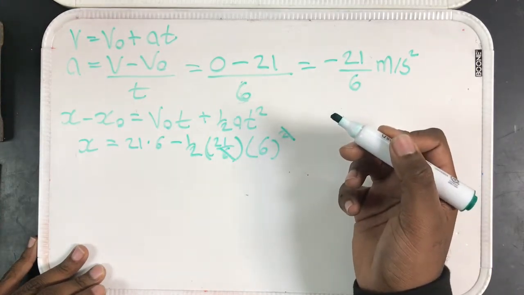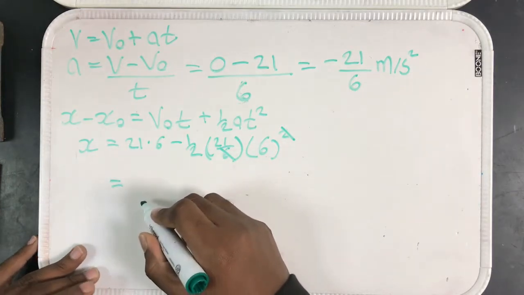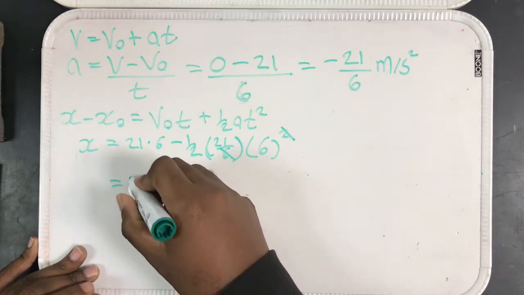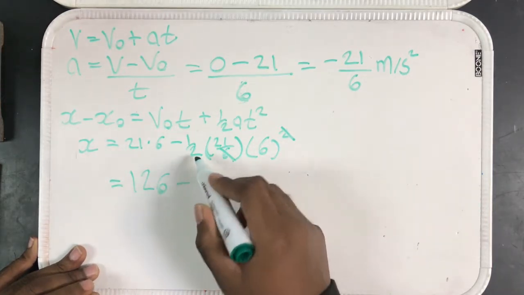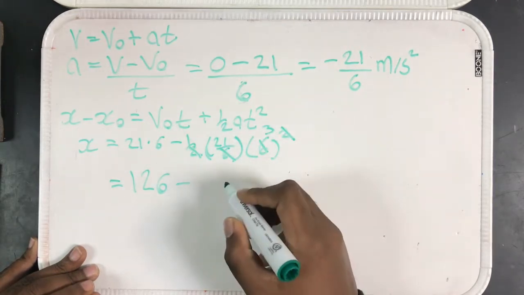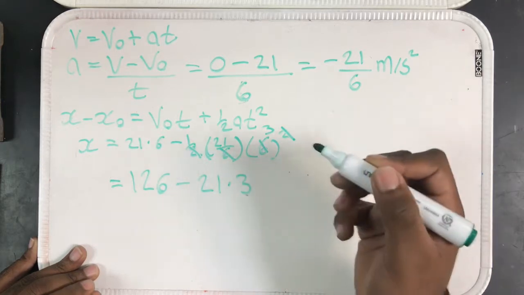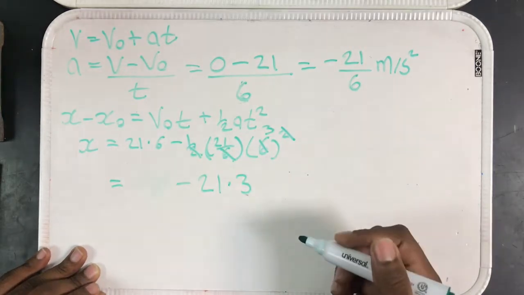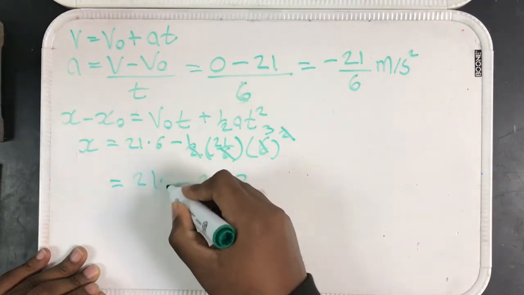This cancels out there. So I have 21 times 6. Let's do some quick math. That's 126. And then we have a half. This half cancels with this 3, with this 6, which gives me 3. So I'm left with 21 times 3. Actually, oh wow, that is beautiful. This is really beautiful.